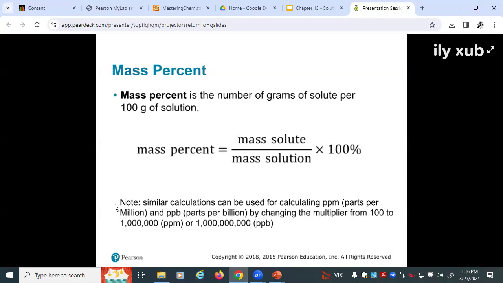Since percent literally means per 100, we take that ratio and we multiply it by 100 to get the percentage. What that also tells us, if we have the actual value for the mass percent, is how many grams of that solute fit in 100 grams of the solution.